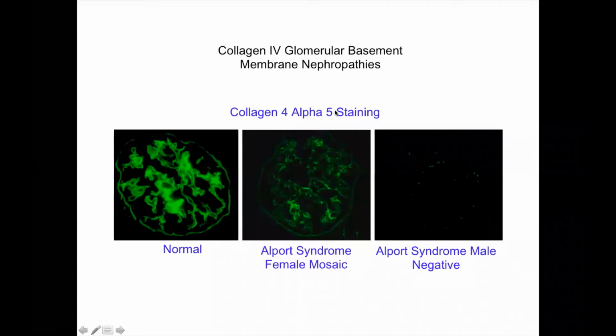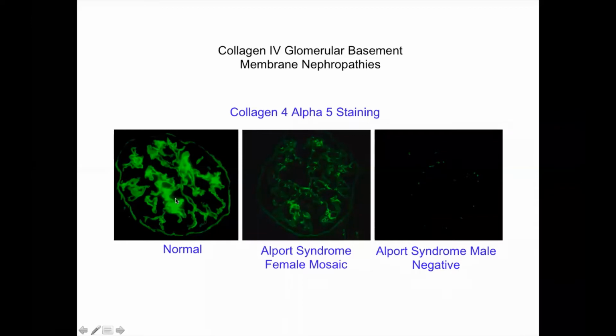If it affects alpha 3, more likely it will affect females and males as a proper disease rather than them being carriers, at the same ratio. But loss of alpha 5 is more common in Alport syndrome.